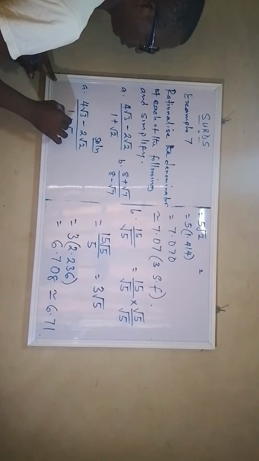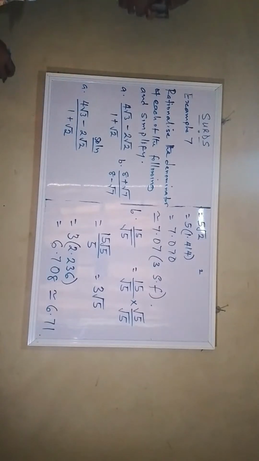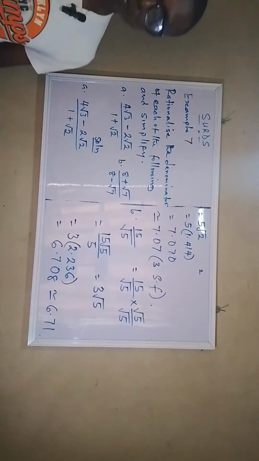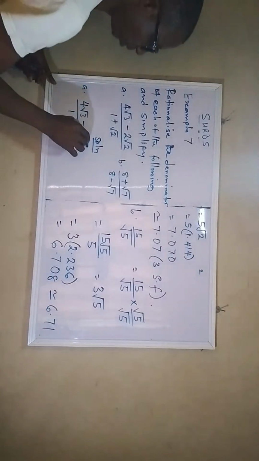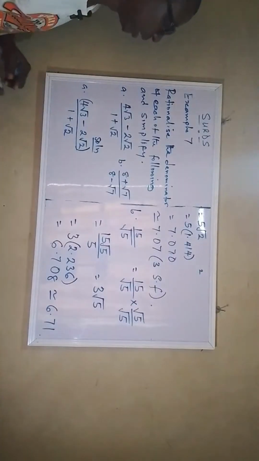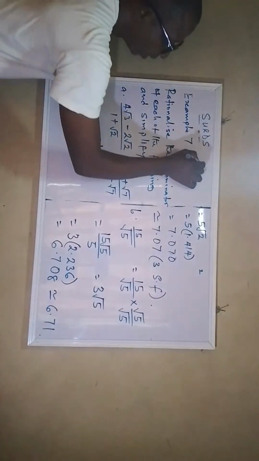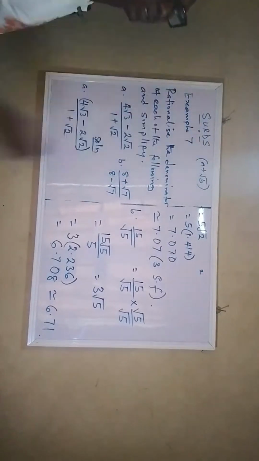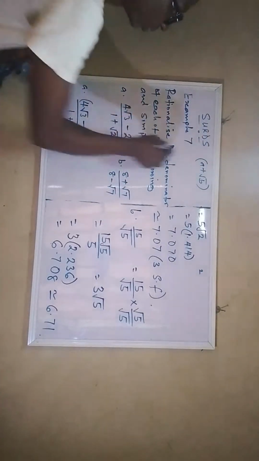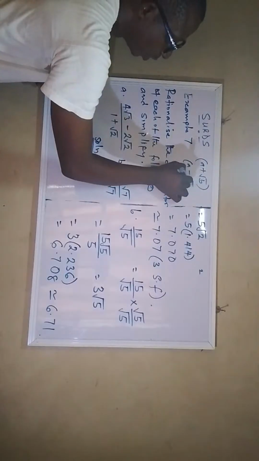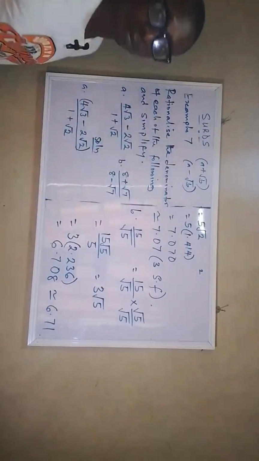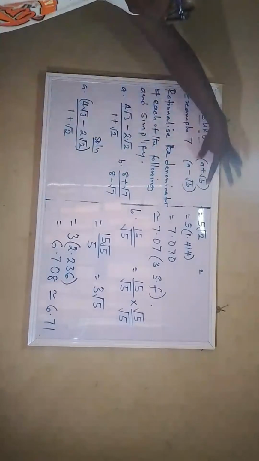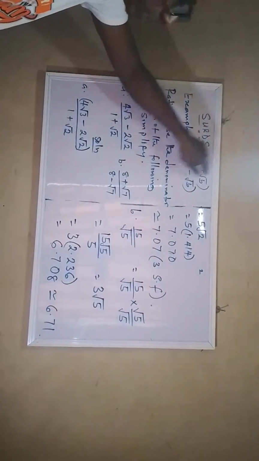So you multiply the numerator and the denominator with the conjugates of the denominator. So now what do we call conjugates? Now look at this. If I have a plus square root of b, the conjugate of this surd now is a minus square root of b. Just change the sign. So conjugate of this is this.